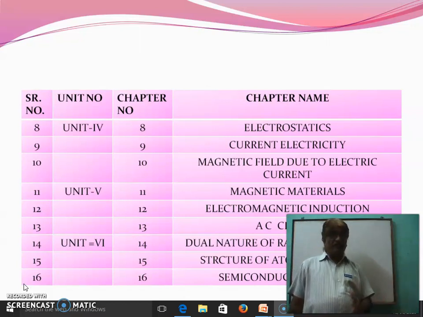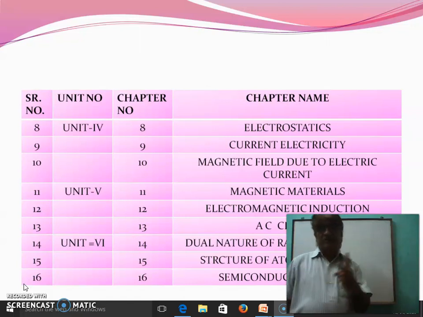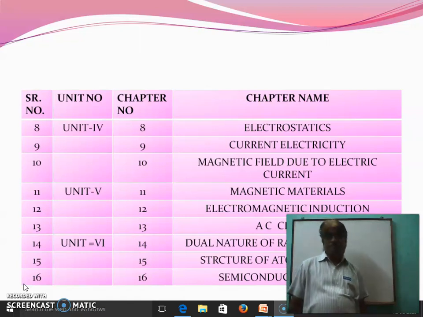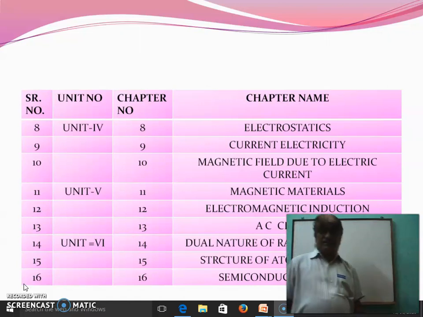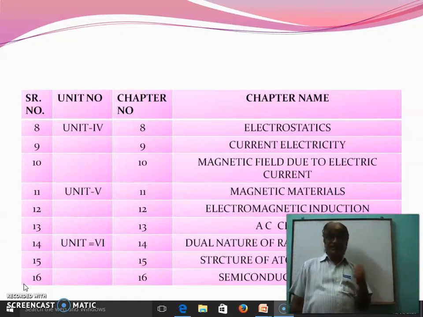Radius and velocity, two very important terms, can be seen in this chapter. Using these two terms, we can solve various numericals, applications, and theories.